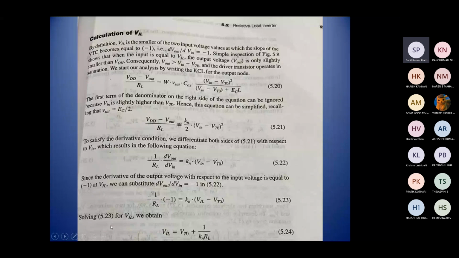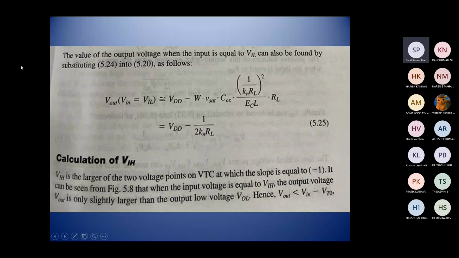If we solve this equation, we finally get the input low voltage equal to the threshold voltage VT0 plus 1 divided by Kn RL, where RL is the load resistance. Now, the value of the output voltage when the input voltage is equal to VIL can be found by this equation.